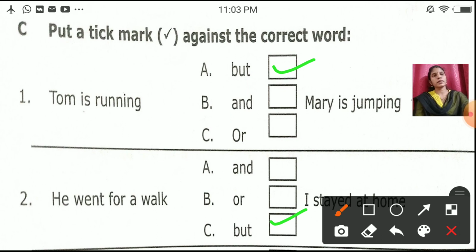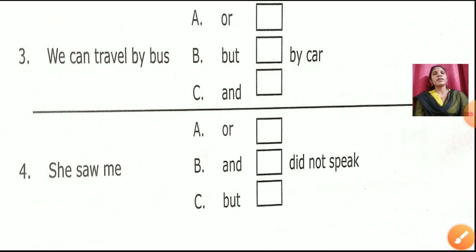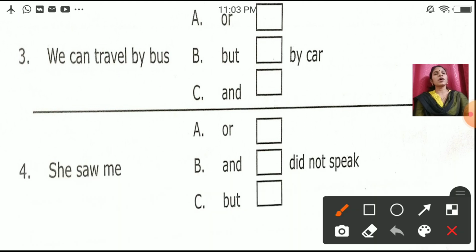Now, next one. We can travel by bus, and on the opposite they have written by car. So here an option is there. They have given the option. So we can travel by bus or by car. Okay, children. Fourth one.